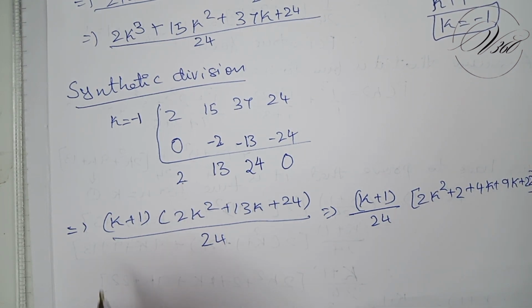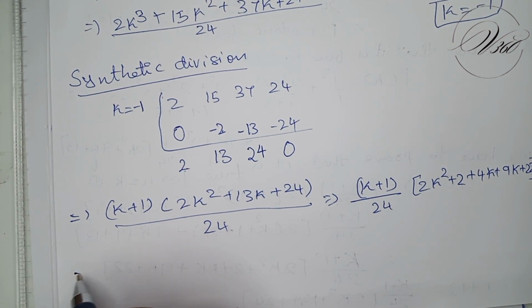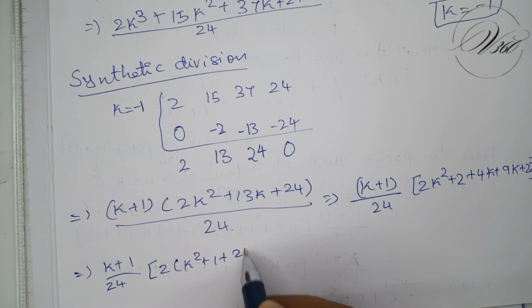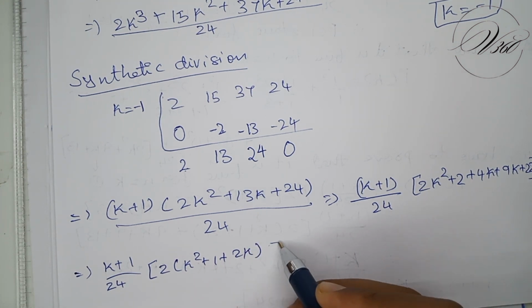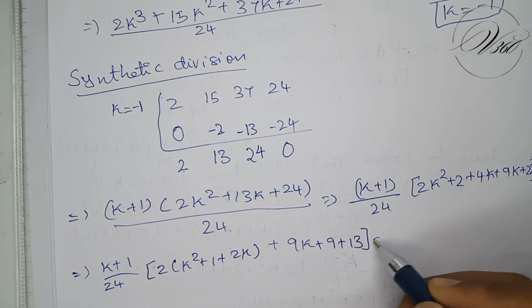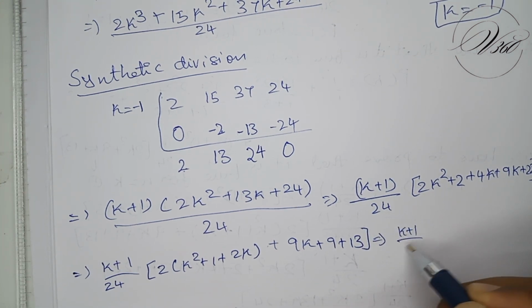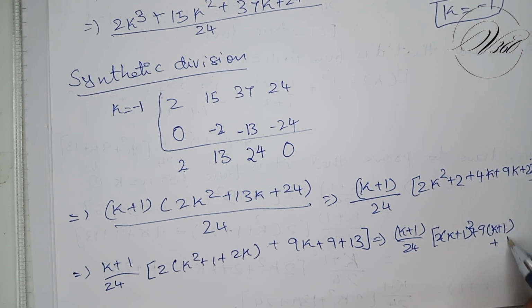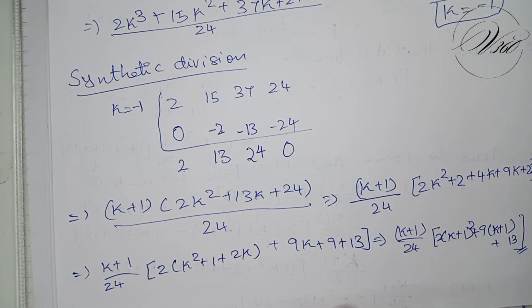Now we can write this as k plus 1 by 24 of 2 of k square plus 1 plus 2k plus 9k plus 9 plus 13. We can write this again as k plus 1 by 24 of 2 times k plus 1 whole square plus 9 of k plus 1 plus 13. This is the answer we get.